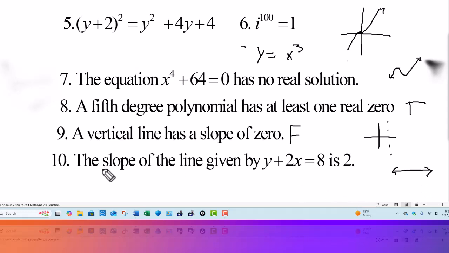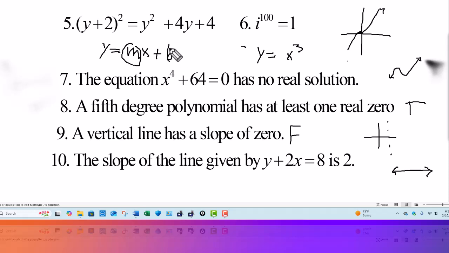For number 10, the slope of the line given by y plus 2x equals 8 is 2. Well, the slope-intercept form of a line has this form, y equals mx plus b. If you have solved for y, this is called the slope-intercept form. The coefficient of the x, right here, would give you the slope.